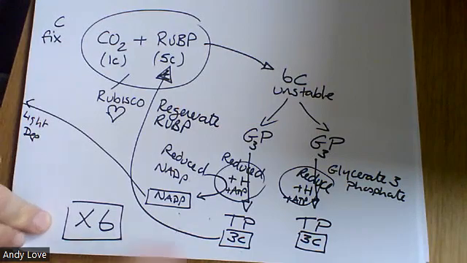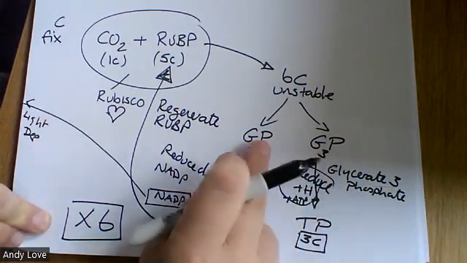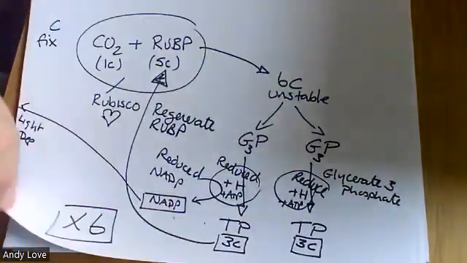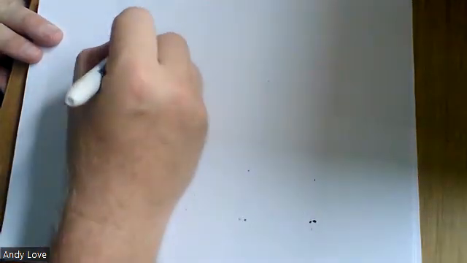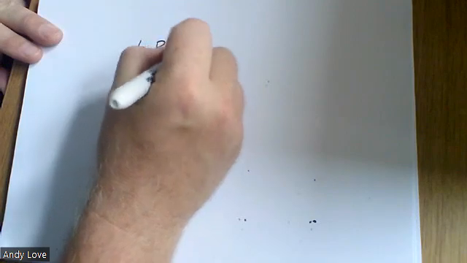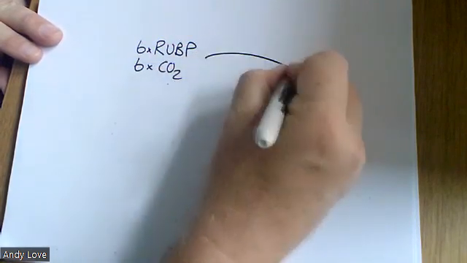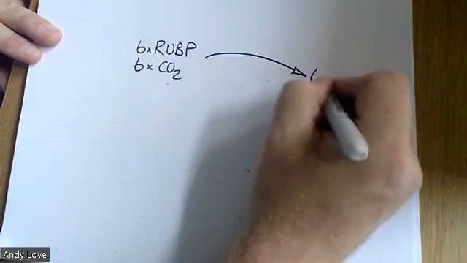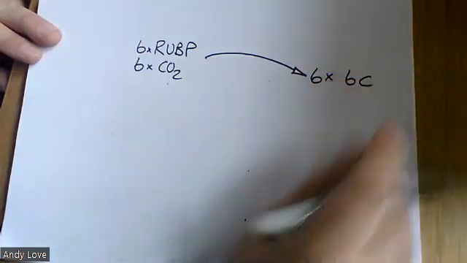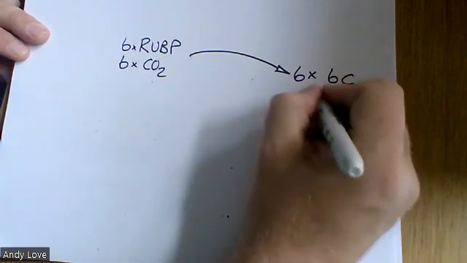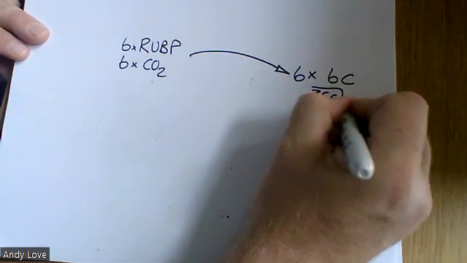Let's just work it out from a molecular point of view as we go around this cycle. So if we've got to go around 6 times, we'll have 6 lots of RUBP and 6 lots of CO2, which will form 6 lots of that unstable 6 carbon. That's a total of 36 carbon atoms.